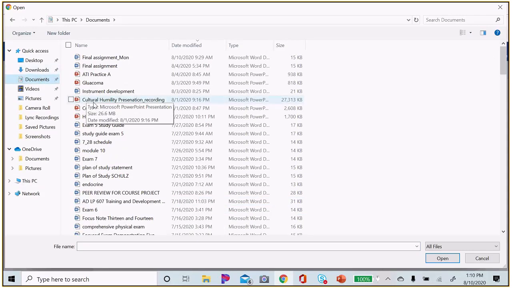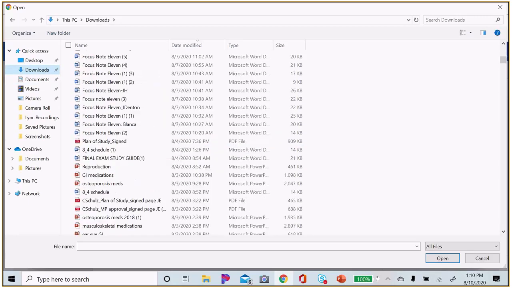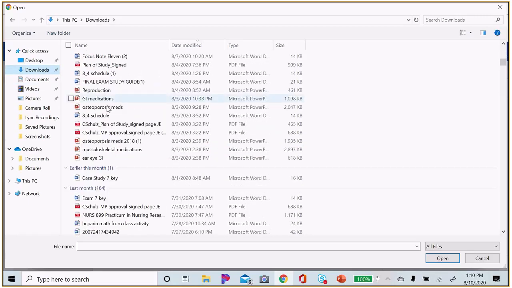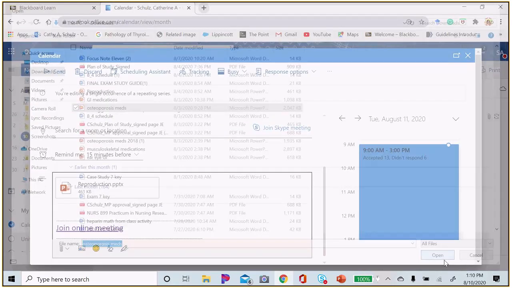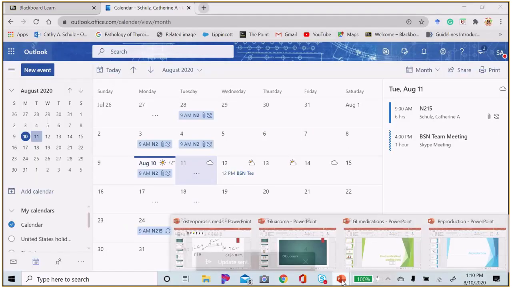You can see my computer has absolutely no rhyme or reason. Oh, there it goes. Okay, so now it should be sent.